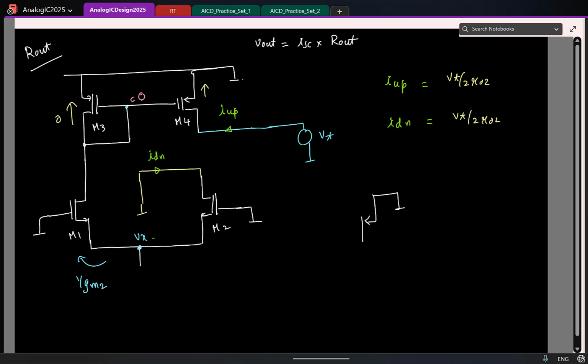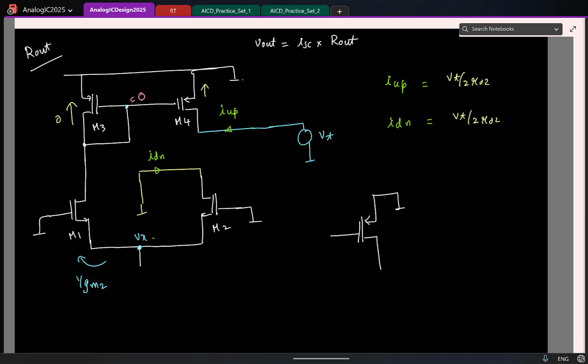If I look at M4 alone, I am applying a test voltage here. This is M4. Where is my gate connected to? Small signal gate is ground. So essentially I have a case where the gate is small signal ground. Sorry, I'll draw it like this. What is the resistance looking into the drain now?